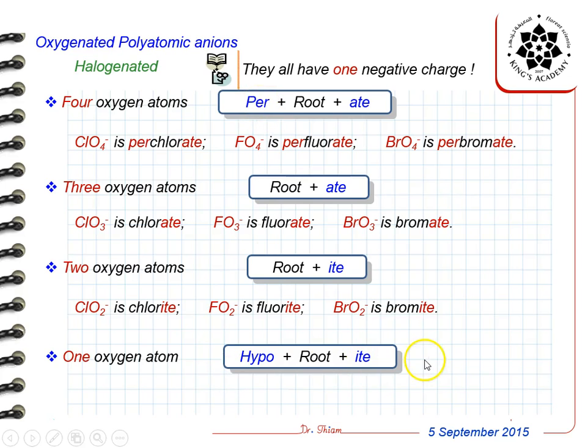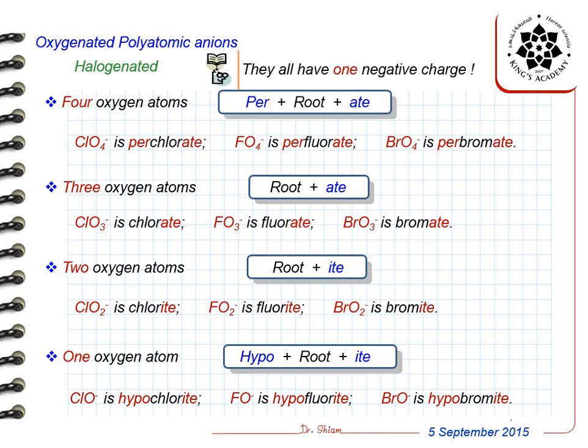So when we have only 1 oxygen atom, we use hypo, which means lacking or low, plus root plus ITE. And here are examples. ClO minus is hypochlorite, FO minus is hypofluorite, etc. Okay, so this is pretty simple, I think.